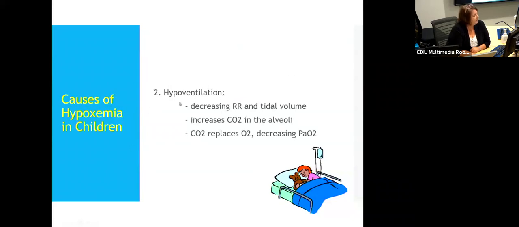Obviously, if you're hypoventilating because you're not effectively breathing and your respiratory rate's low, your tidal volume's low, you're going to end up with increasing CO2, and there is only so much space. The law of partial pressure of gases states that you can only have so much. So if your CO2 gets incredibly high, at some point it's going to start to displace PO2.